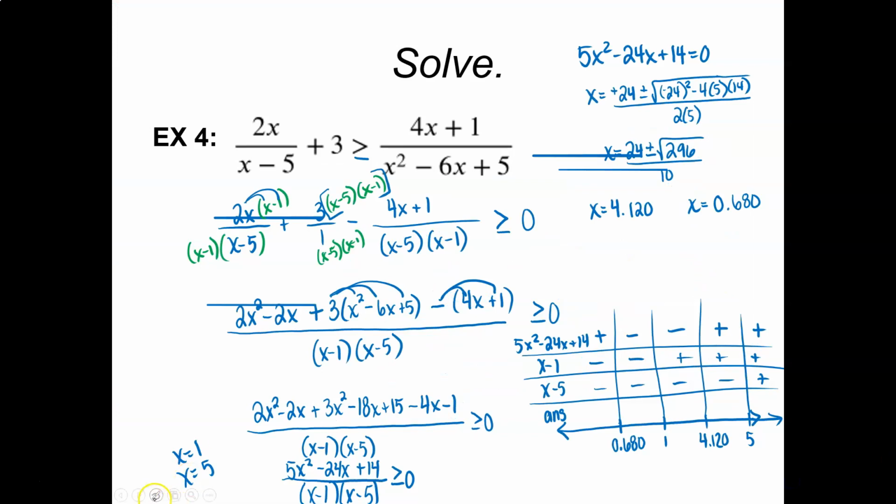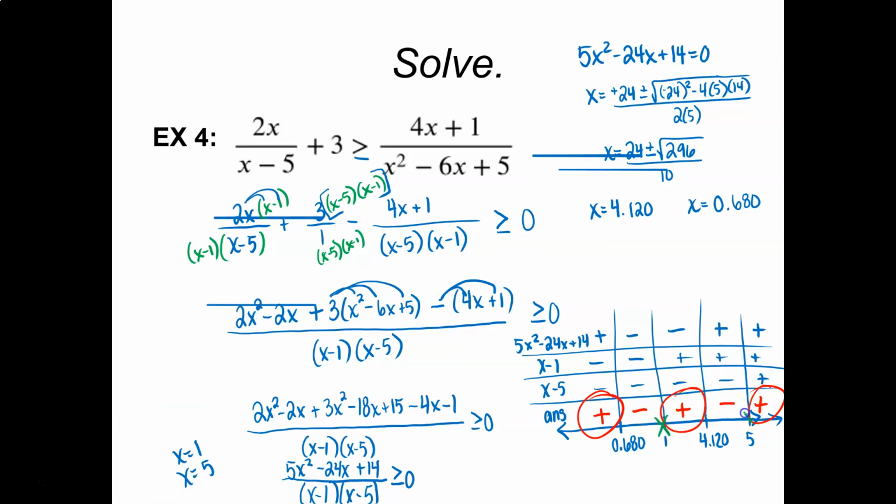So if we do our answer now, here we'll have positive, negative, positive, negative, positive. Which ones are our answers? Positives. So we've got this section, and this section. We want greater than or equal to, but we do have some excluded values. What are they? 5 and 1.